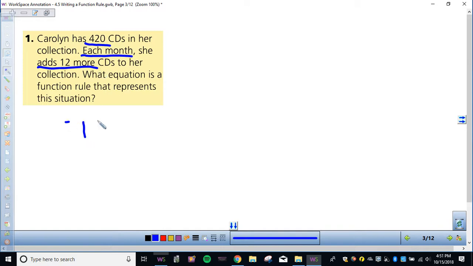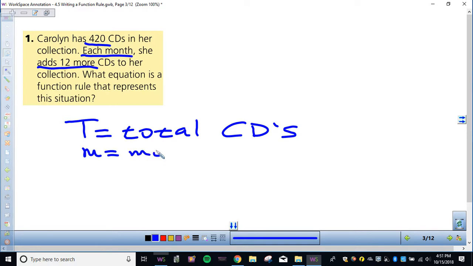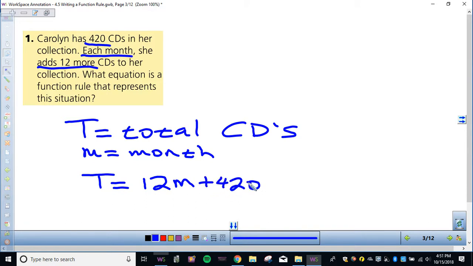So we could do T for total CDs again, and M for month. So what we get is T equals, she's adding 12 more per month, so 12M, and she started with 420 CDs. There's your function rule. No big deal.